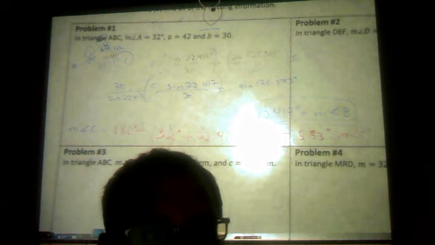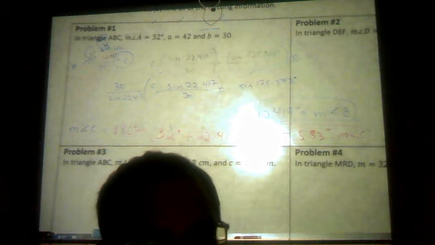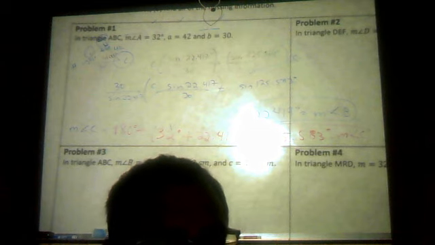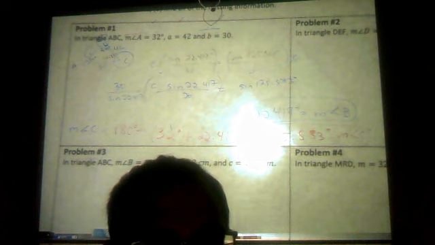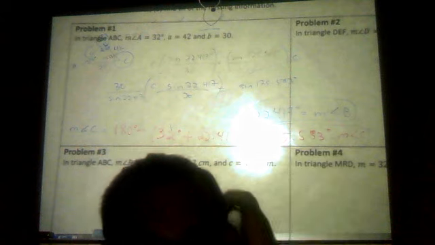So basically all we're doing is solving for our C value, the side C. In order to do that we just use algebra: multiply both sides by 30, and divide by the sine of 22.417.